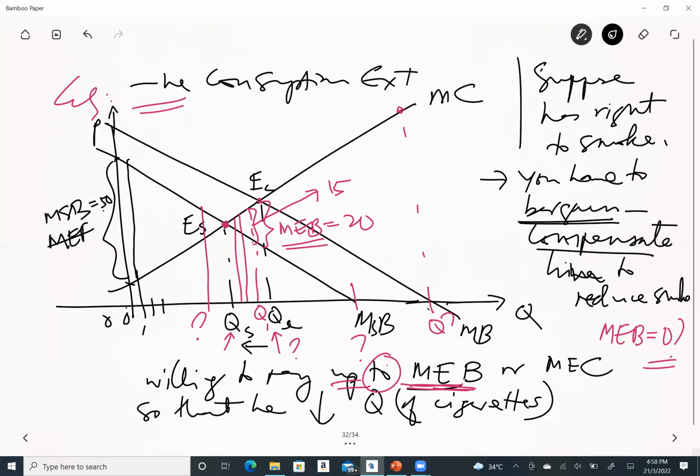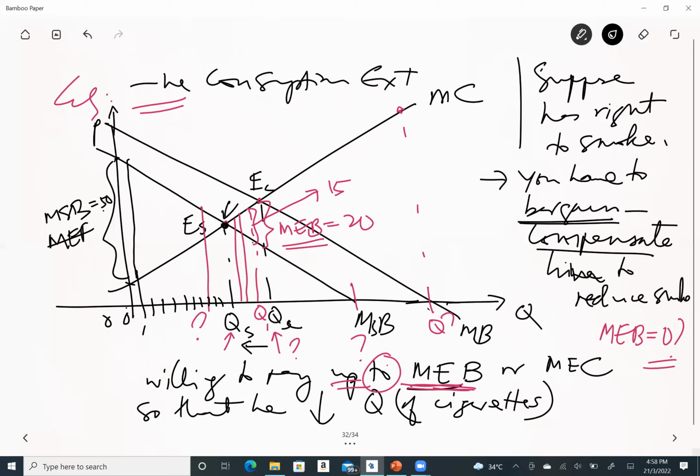And that bargaining will continue until where? Until MSB equal to MC. All right, the MSB equal to MC. So he will stop offering. So that will be the solution, the end point. Okay.